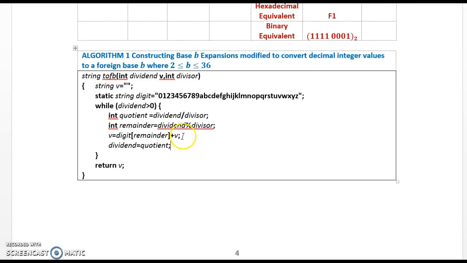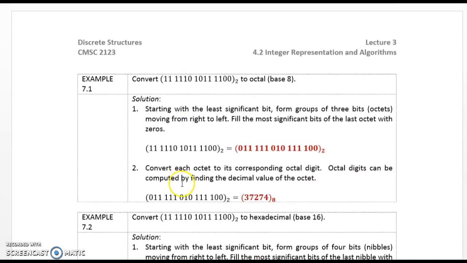That way I'm producing them in reversed order, and then finally I make the old quotient the new dividend, and I continue this until the dividend is equal to 0, and then I return that value.